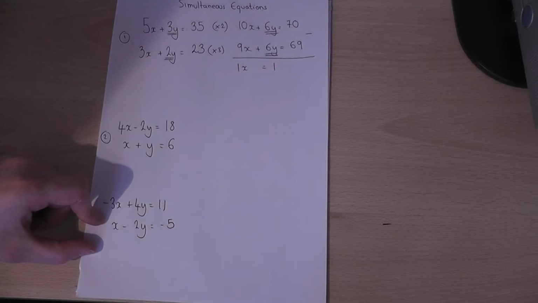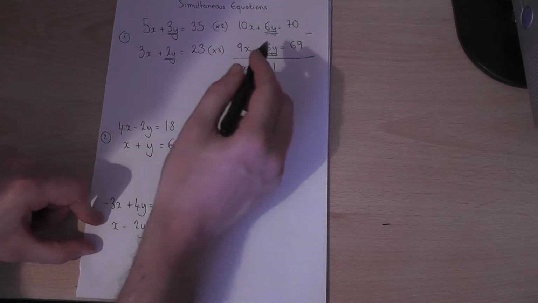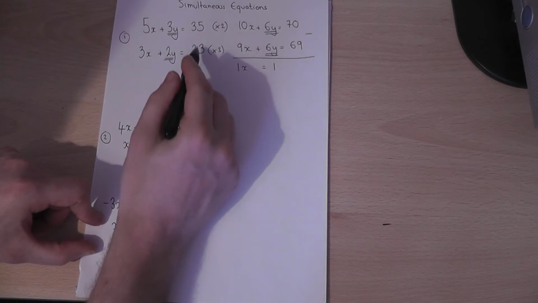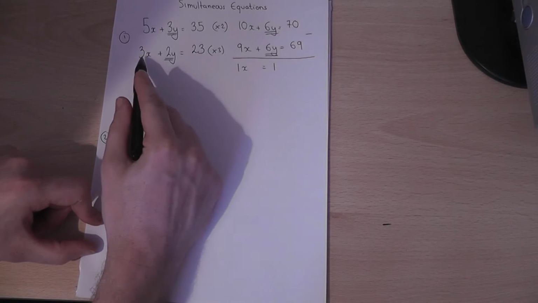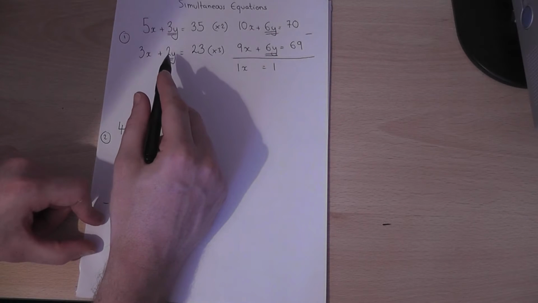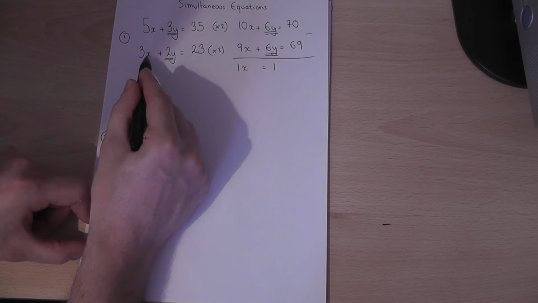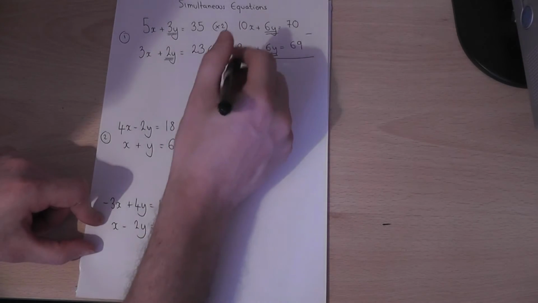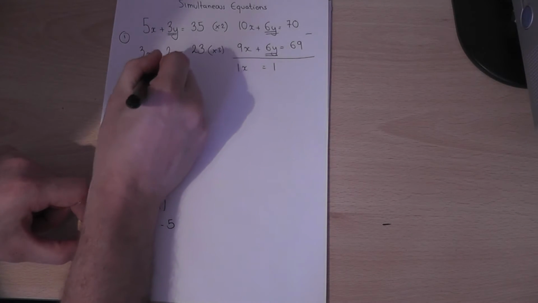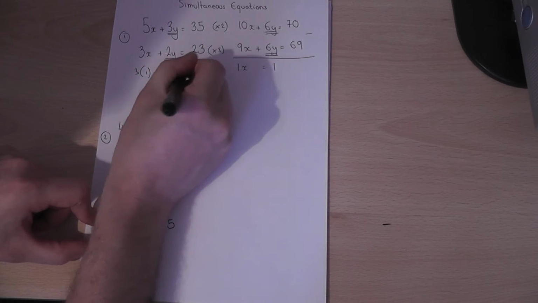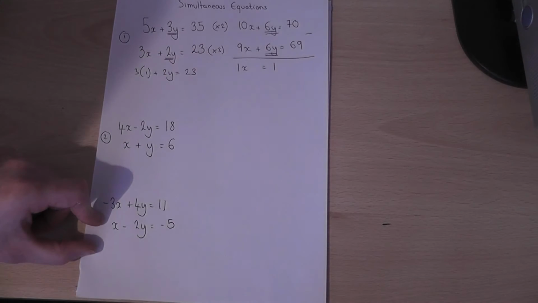I now just want to find what the second letter is, i.e. y. I pick any of these equations. This looks the simplest to me. Now, because I know x is equal to 1, I can replace the x here by 1. So 3 lots of 1 plus 2 lots of y equals 23.